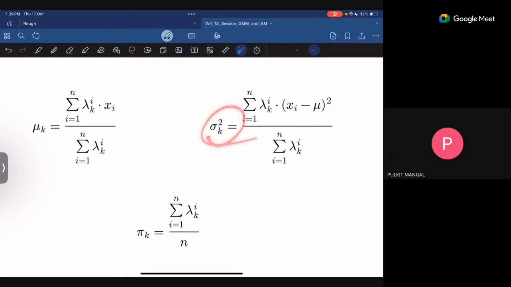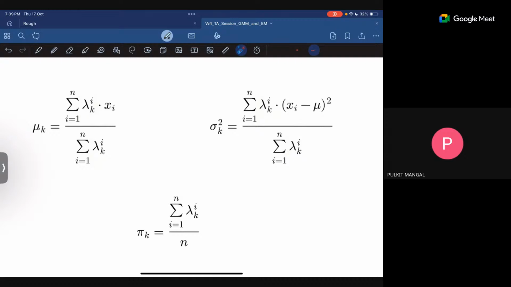Again, variance is also some kind of weighted average, because they are also multiplying. If we remove these lambda ik here, then it will become just your sample mean and sample variance, which are the estimates for your normal distribution, right?